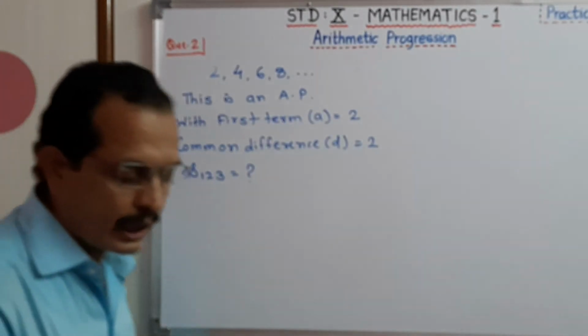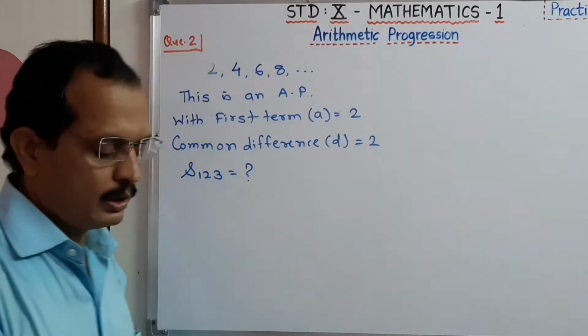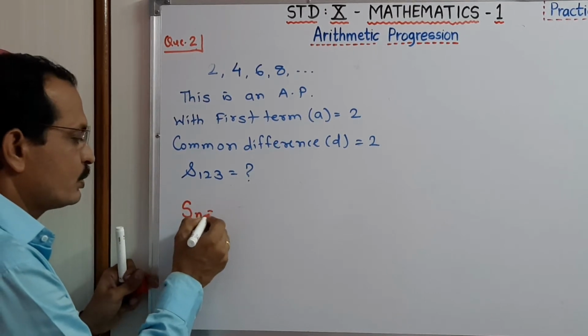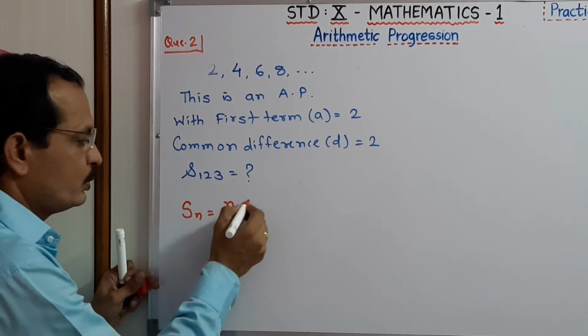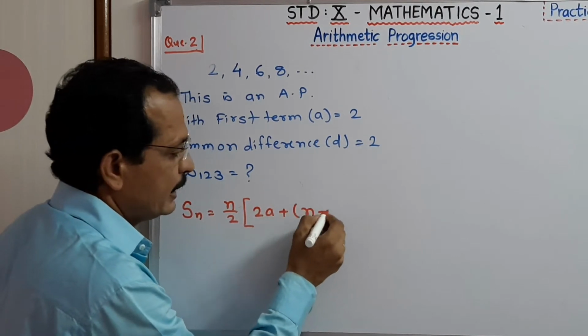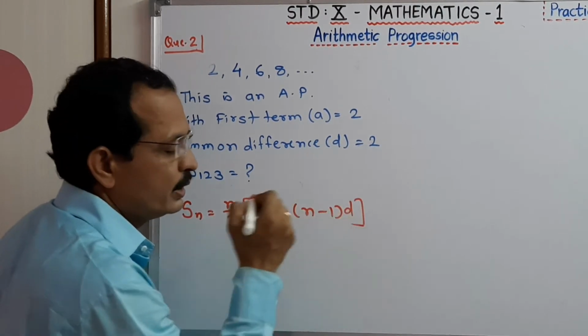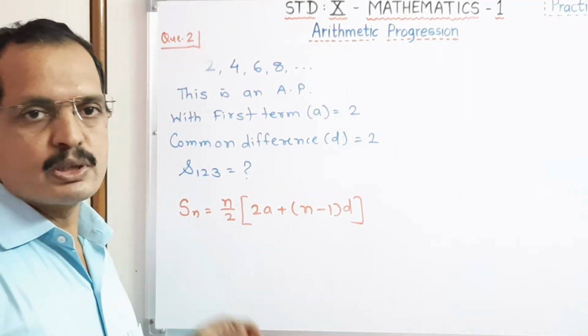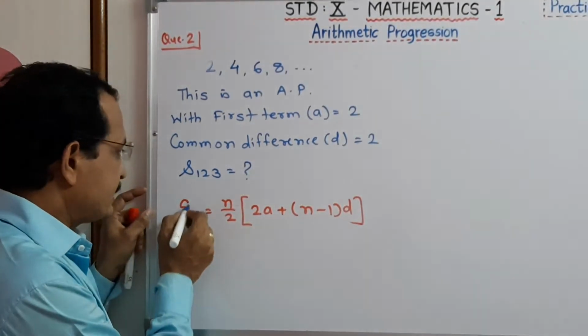Dear student, directly we use the formula. What is the formula? Sn is equal to n upon 2 into 2a plus n minus 1 into d. Simple, we have to substitute the values.